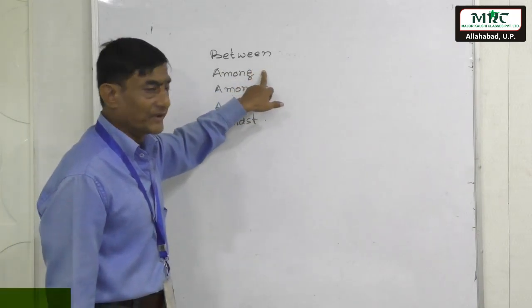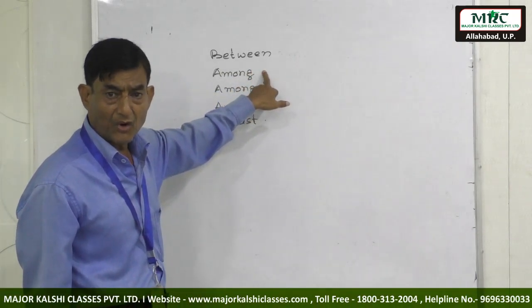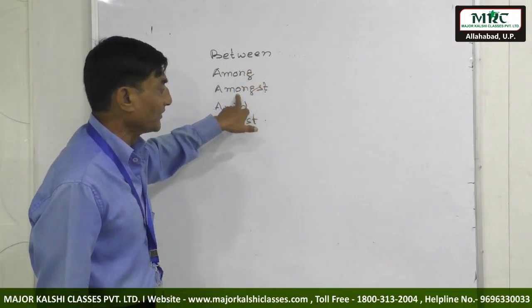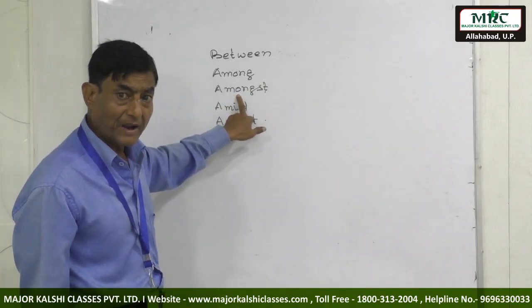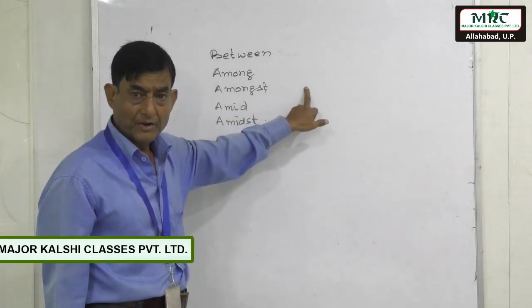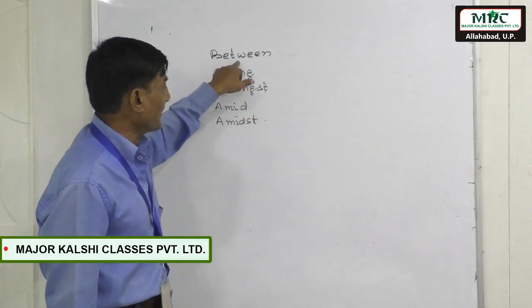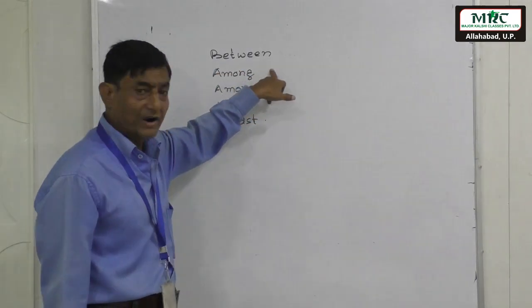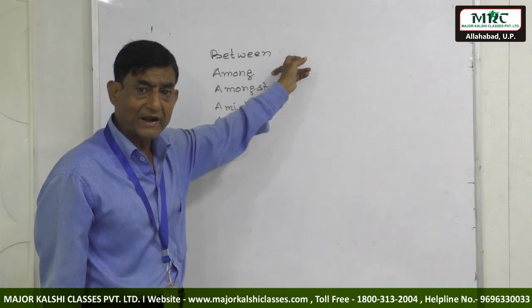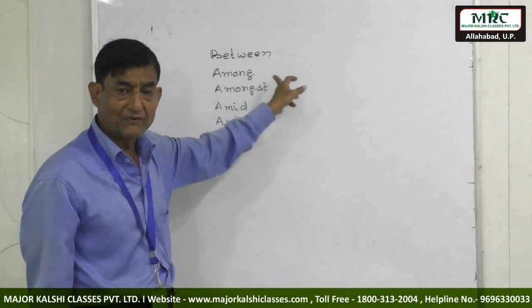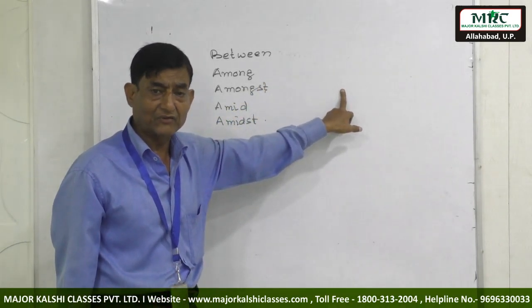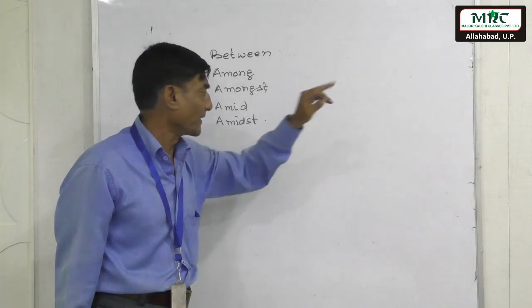Among is used with living beings and before a consonant, and amongst is used with living beings but before a vowel. Mostly it is reversed. Amongst is used with words beginning with a consonant, and among is used with words beginning with a vowel. It has to be taken care of.